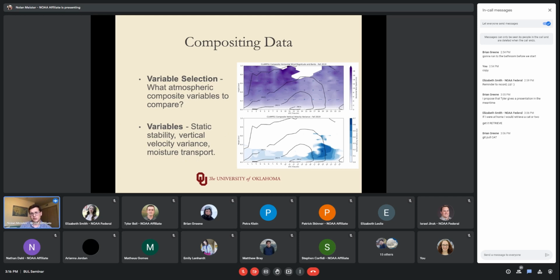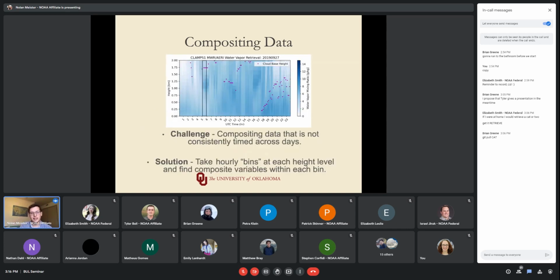Vertical velocity variance, which is shown in the bottom panel right here, gives us a rough proxy for turbulence within the boundary layer, so this is a turbulence comparison. And then moisture transport, which is a rough proxy for the low-level jet. So those were the three composite variables that I compiled across the three campaigns.